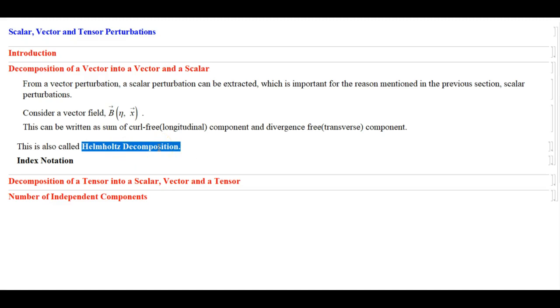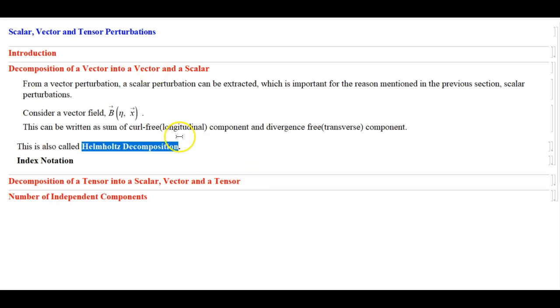But if your knowledge about this decomposition has become rusty and you want to know more about it, please go back to your notes from your undergraduate course in vector calculus, and you have also seen a form of this in electrodynamics, the very first course in, I think, third year undergraduate physics. There also you have seen decomposition of a vector into a scalar and a vector.